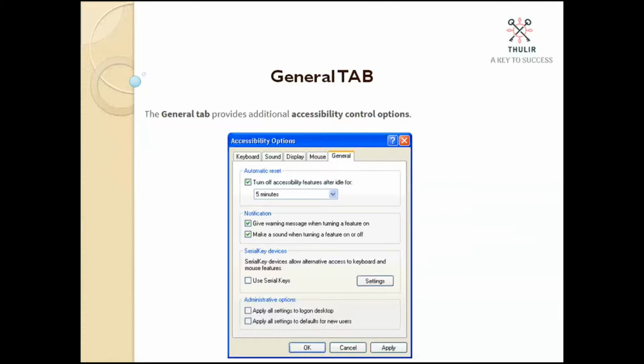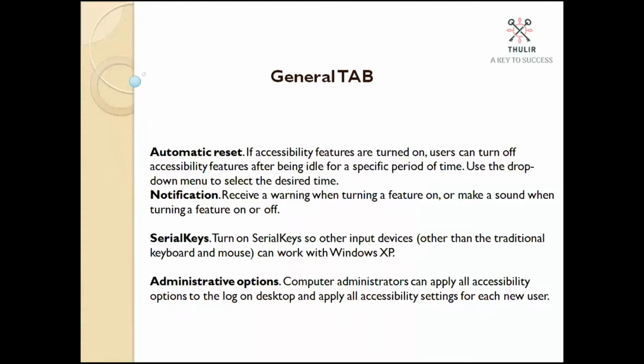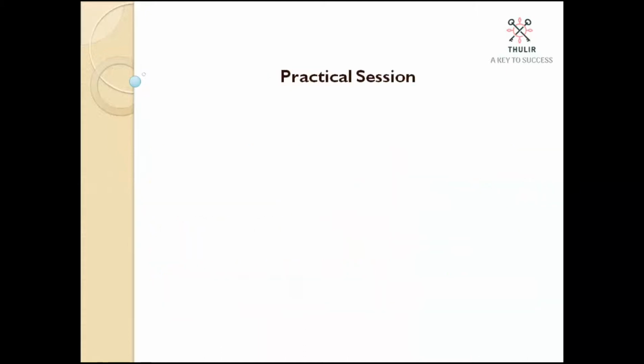So the administrators can decide whether all the settings under the accessibility options are applicable to all the desktop users or only to the new users, depending upon the options they select. They can click on Apply and click on OK to enable it, right? So these are all the options that we have under the general tab.